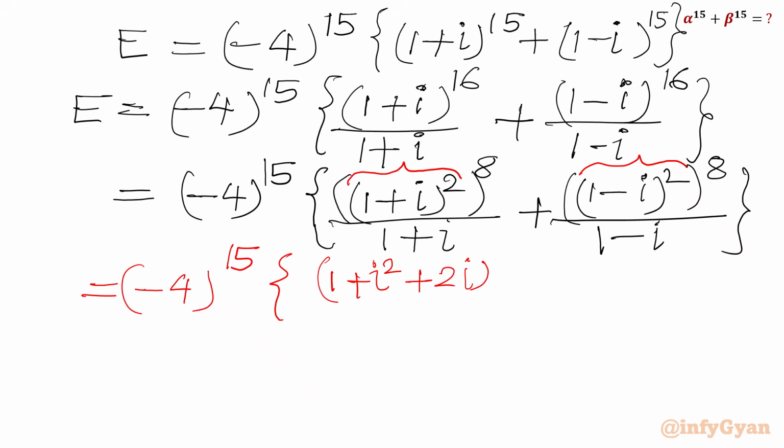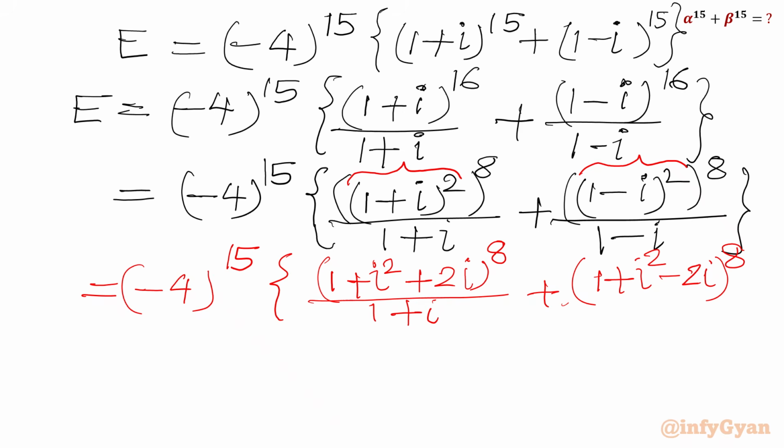And then we will put power 8 divided by 1 plus i plus 1 plus i square minus 2i. Then we will write exponent as 8. In denominator we have to write 1 minus i. Now i square is negative 1. So this 1 and i square will be over.